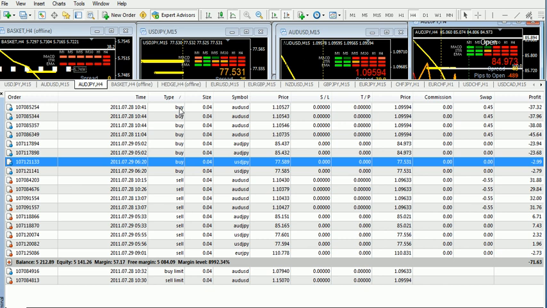The buy of the Australian dollar, the buy of the JPY Australian dollar, and a buy of the US dollar JPY.